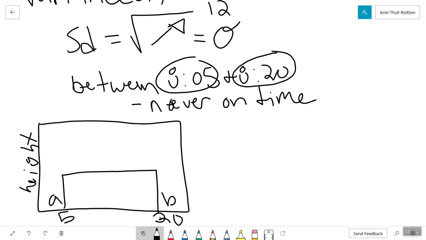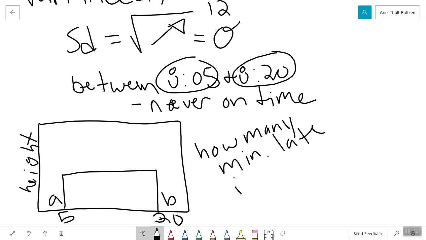Because instead of thinking about this as times that the train is arriving, we're thinking about how many minutes late the train is. That's why I'm not using the 8:05 or 8:20.